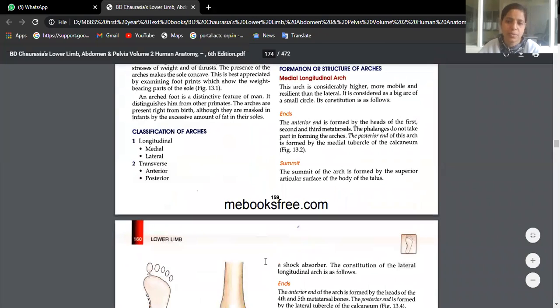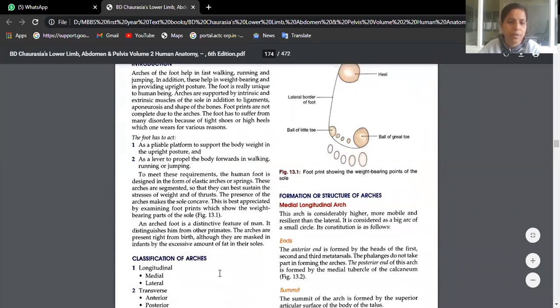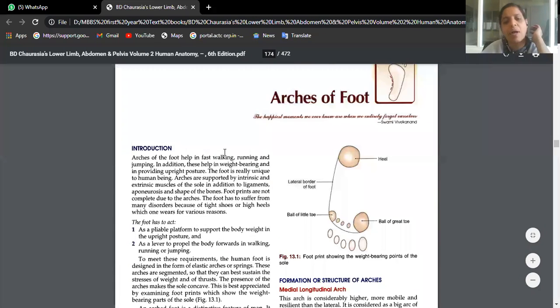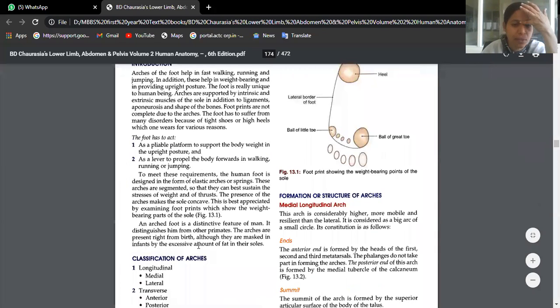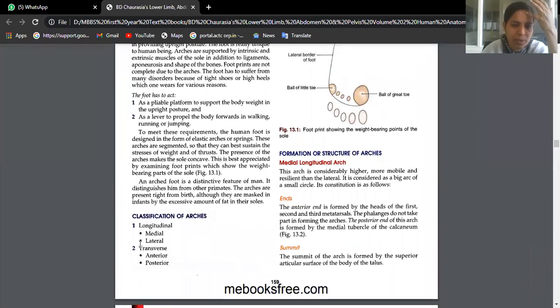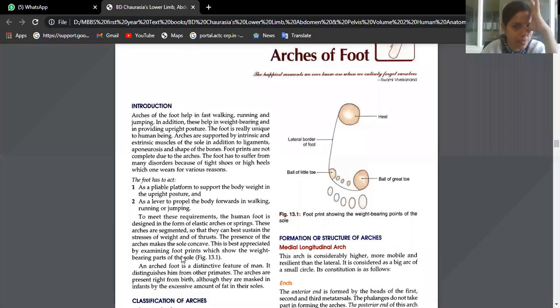So we should know the names of tarsal bones first so that we understand the arches easily. Arches of the foot help in fast walking, running and jumping. As I already told you, we have medial and lateral longitudinal arches and anterior and posterior transverse arches. The foot is a pliable platform to support the body weight in upright posture.